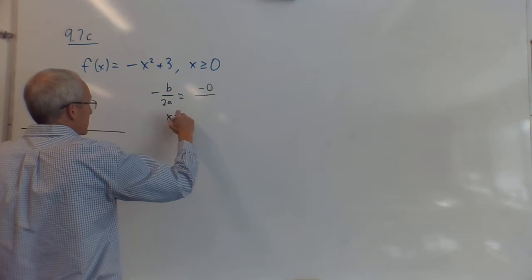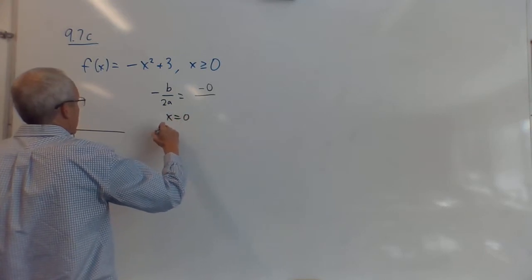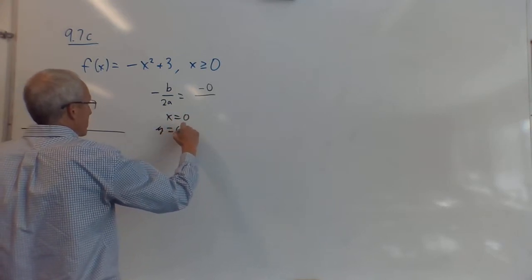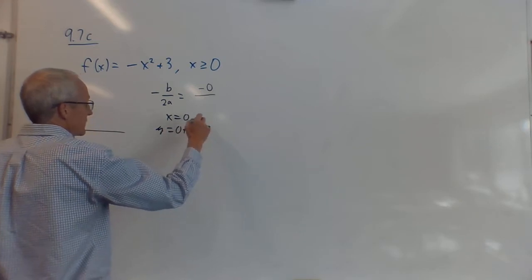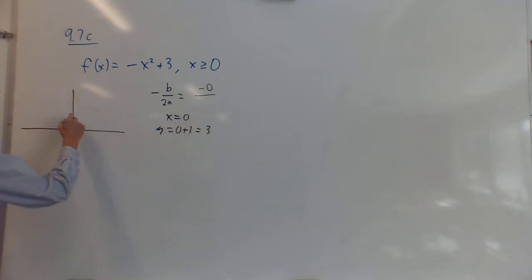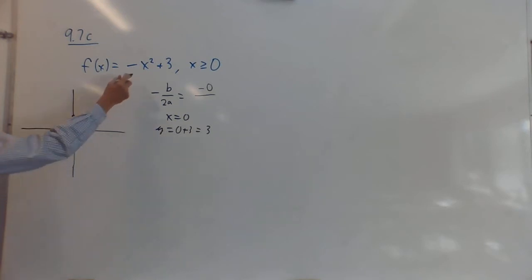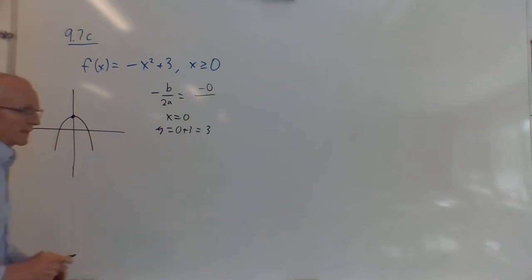So x equals 0, and then y is 0 plus 3, which is 3. So our vertex is at 0, 3. Maybe somewhere here. We know it opens downwards, so it's going to look something like this. Okay, close enough.